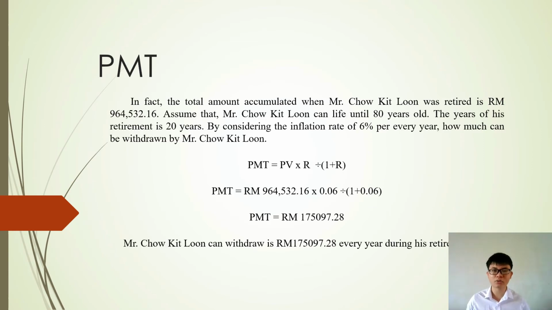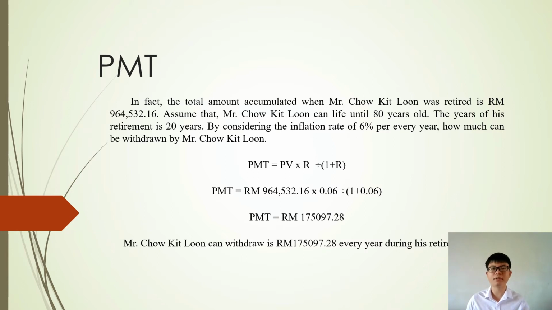Next, I would like to explain the PMT, which is the annual income that can be withdrawn by Mr. Chow in his retirement life. As before, we already calculated the total amount that can be accumulated by Mr. Chow before he retires is around 9,064,000 ringgit.